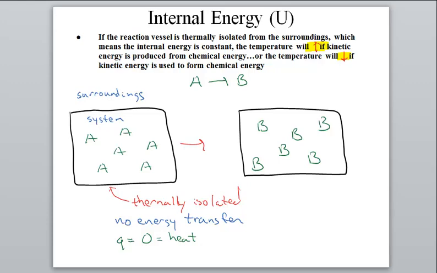Vice versa, the surrounding molecules could lose some of their kinetic energy and give it as potential energy for the system molecules. Hopefully you're getting all this system surroundings verbiage down. There's a lot, but you just have to keep practicing, and we'll keep practicing on upcoming pages.